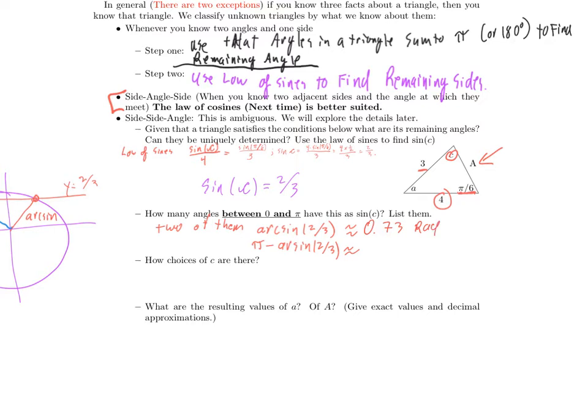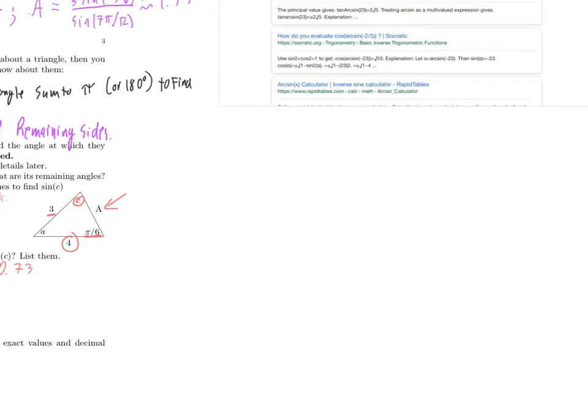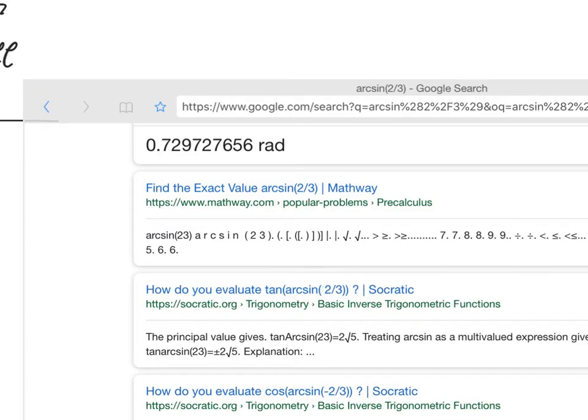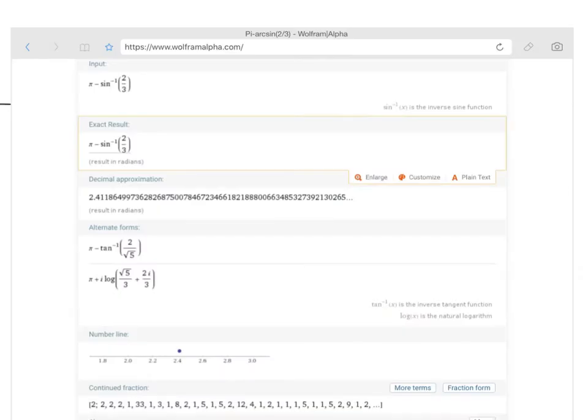And that word radians isn't necessary. When you don't specify a unit for your angle, it's assumed you mean radians. The other one is pi minus that. All right, and we're back. So it looks like that is somewhere around 2.41 radians.